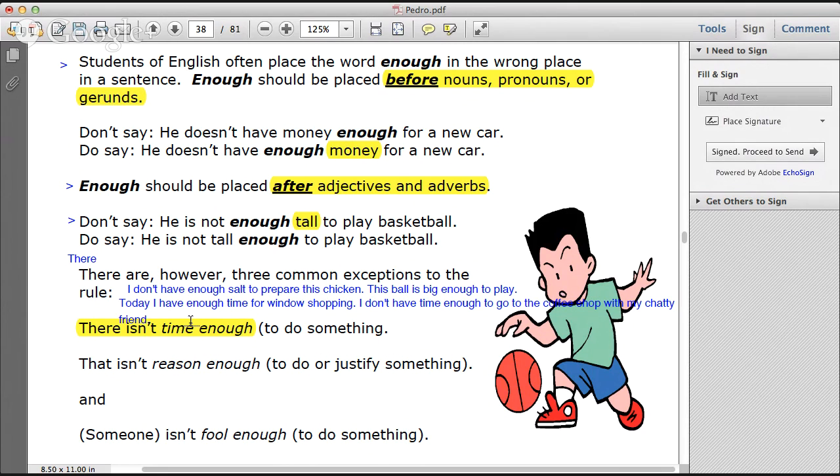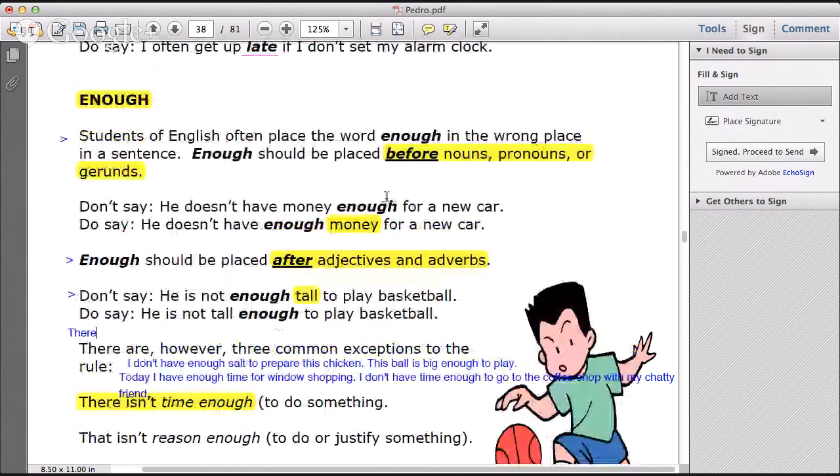"I have money enough to go to the high-end restaurant." Okay, money is still a noun. So an adjective or an adverb. "I have enough money to give you some." Now, money is a noun. We want an adjective.